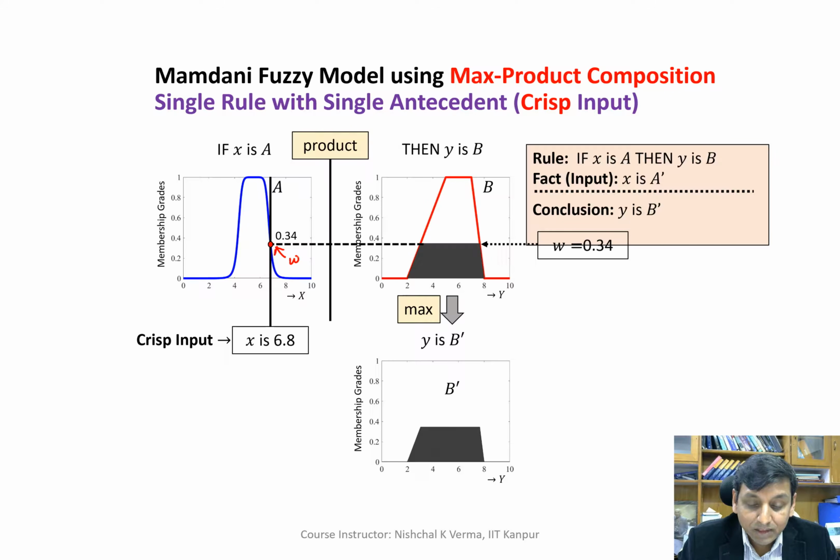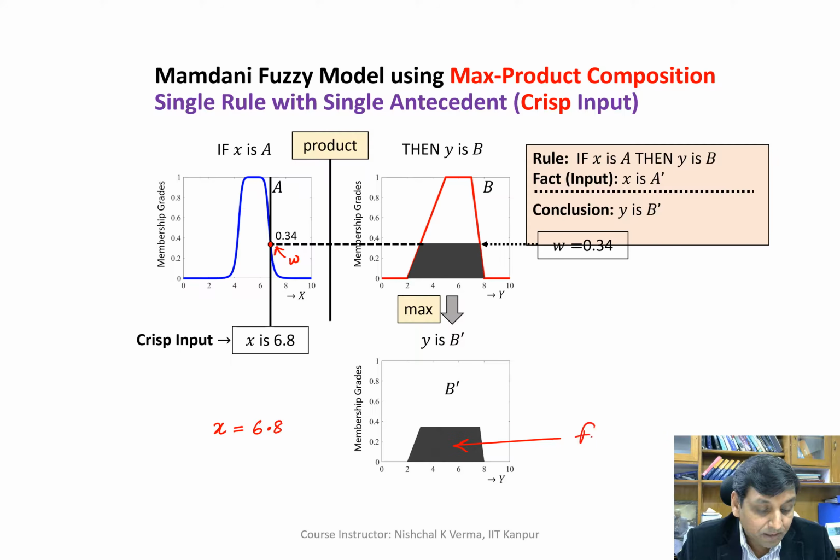So the product is also going to remain the same, and with this weight value, we move further and we truncate and we are going to get the same output. So x is equal to 6.8 is going to give us the same output.